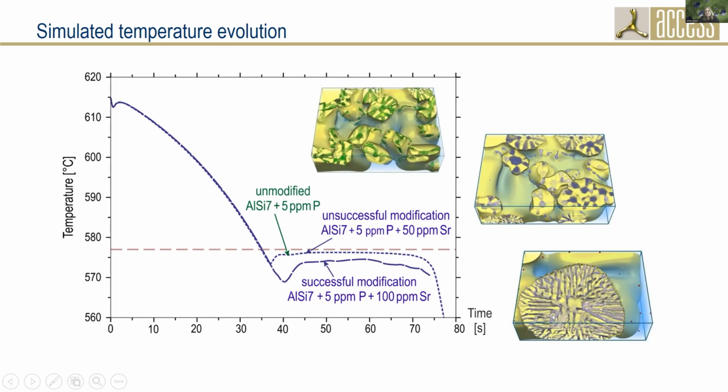we need this nucleation mechanism is that if we have just a single eutectic cell, it grows with a much higher undercooling, and this undercooling you can also see in the temperature evolution here, that this is undercooled.